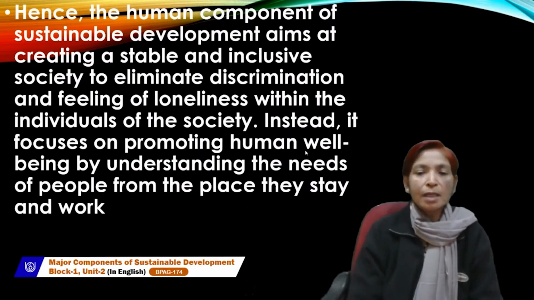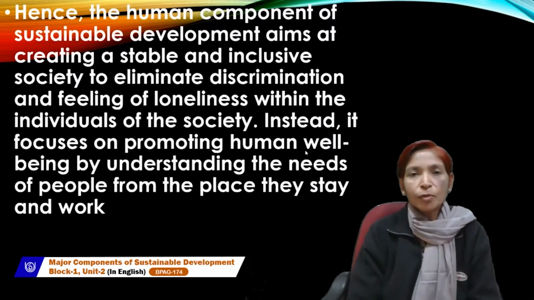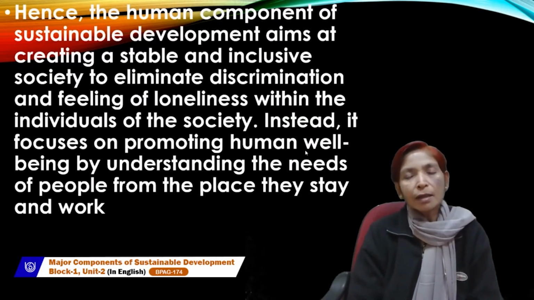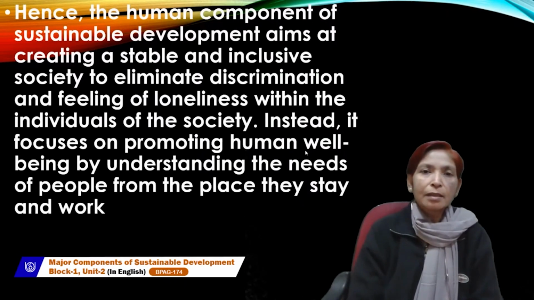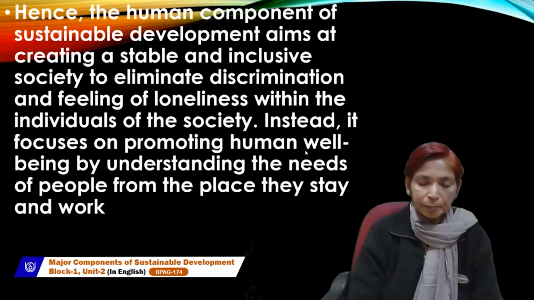And if human beings are developed and not divided into rich and poor categories, and no inequality exists in the country, then the country people will live in peace and harmony. That will also be part of sustainable development.